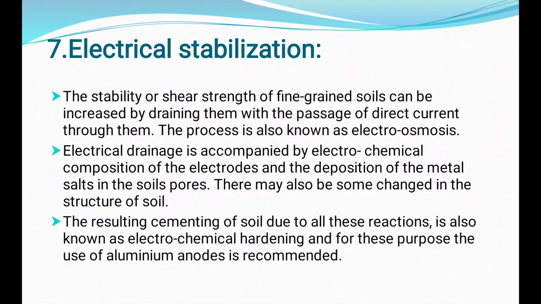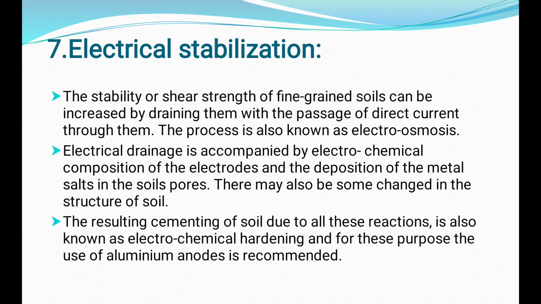Next one is electrical stabilization. By passing a current through them, we are stabilizing the soil. Here the stability or shear strength of fine grained soil can be increased by draining them with a passage of direct current through them. This process is called electroosmosis.